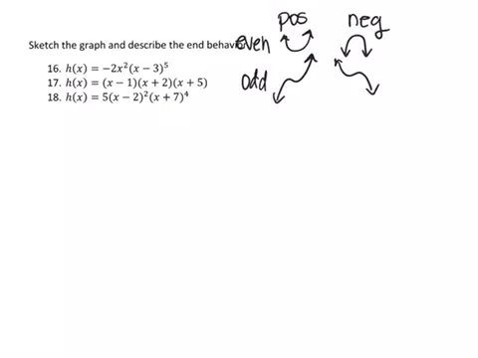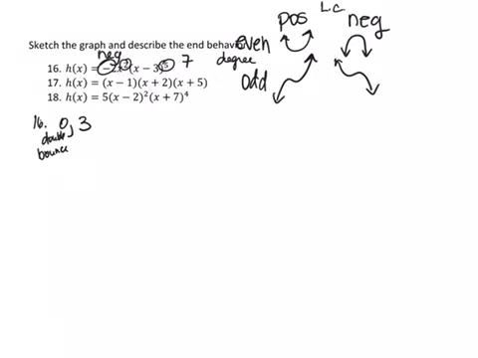We're looking at positive or negative being the leading coefficient, and even or odd being the degree, which is the highest exponent. When it's in factored form, we're looking to add our exponents together. X squared and x to the 5th gives us the 7th degree, and the negative. And then my zeros are 0 and 3. But 0 is a double, so it's going to bounce.